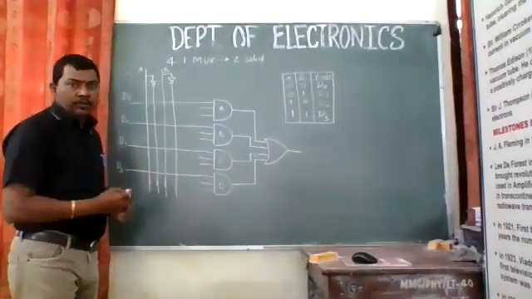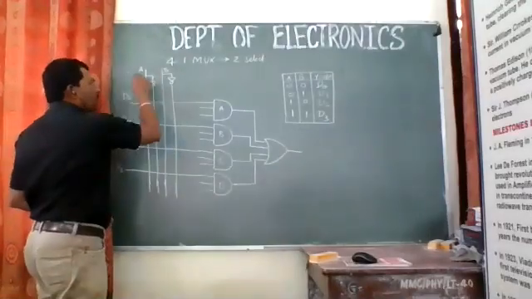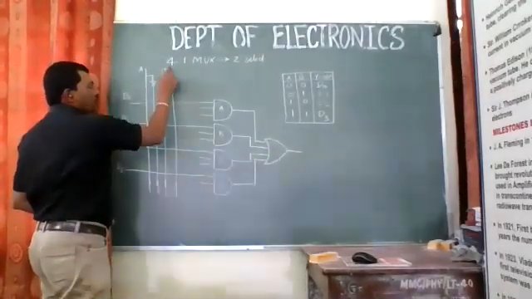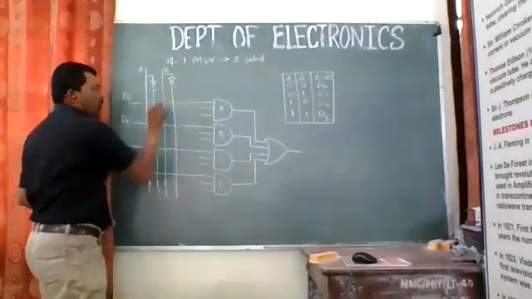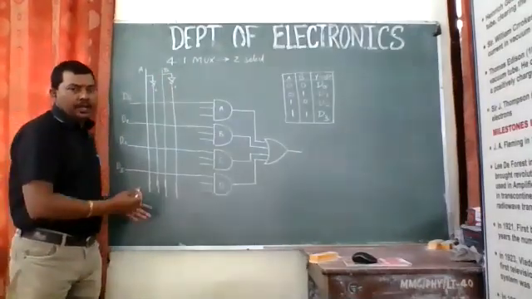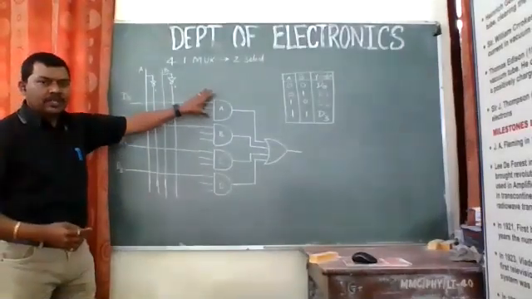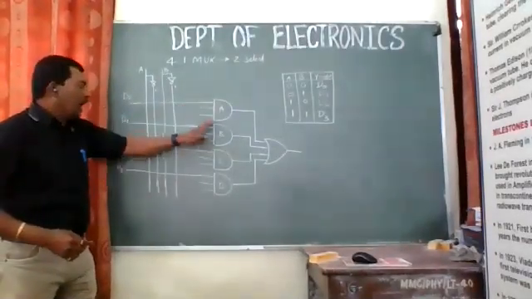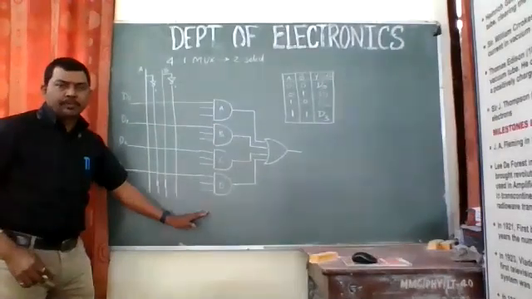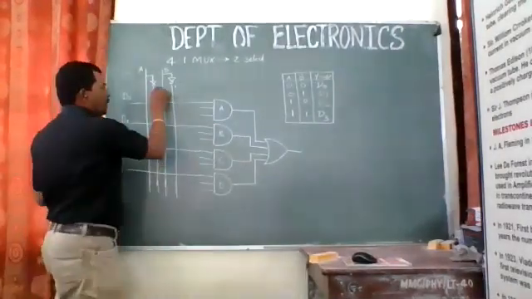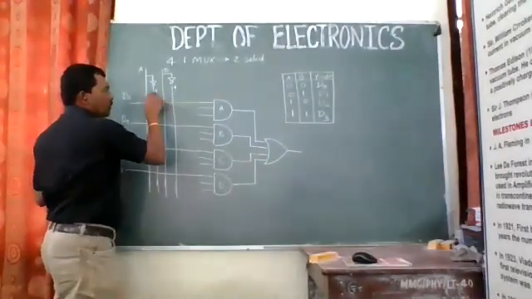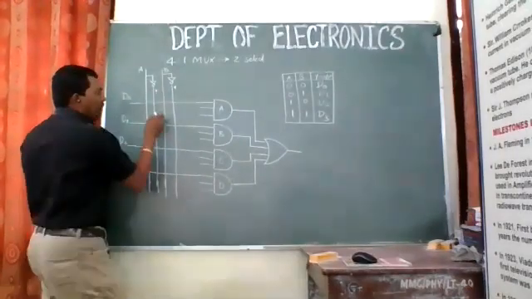So the first case is both are 0 0. When both are 0 0, these terminals of the inverter are going to be high, right? So we are going to connect this to the first gate because we need that gate A should be enabled and the rest of the gates should be disabled. For that, I am putting 1 1. So the inverter output, I am connecting it.